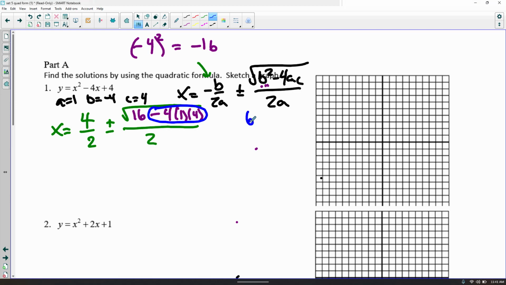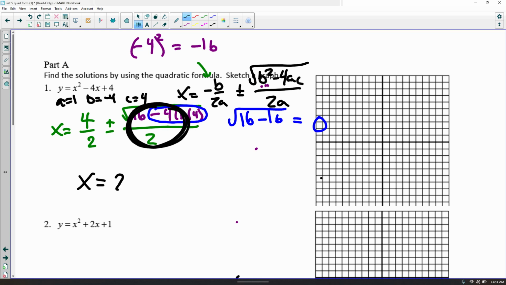So I'm going to get 16 minus 16, which gives us a total of 0. So that means this whole thing is 0. So what happens to my plus or minus? It goes away. I'm adding nothing, subtracting nothing, so I have just 2 as my answer.